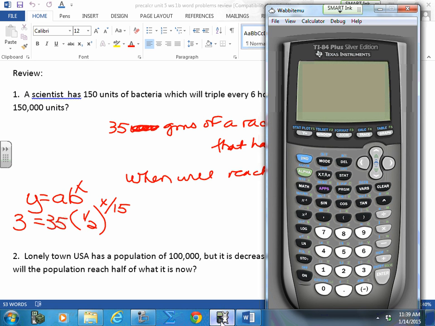Adjust your windows, because we were at a pretty big scale before this. It works out much better when I move my calculator over here, not in the middle.